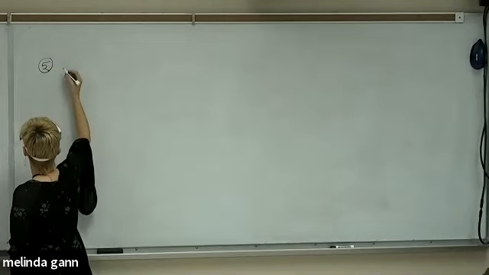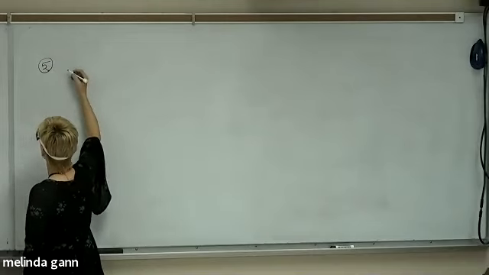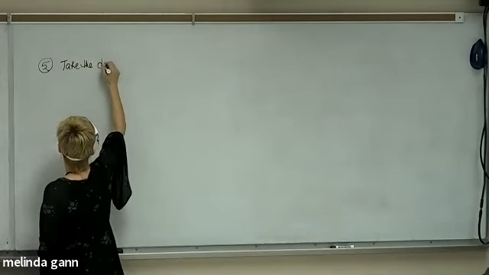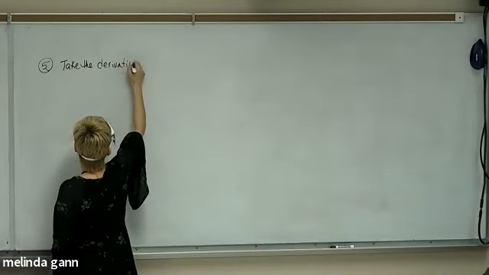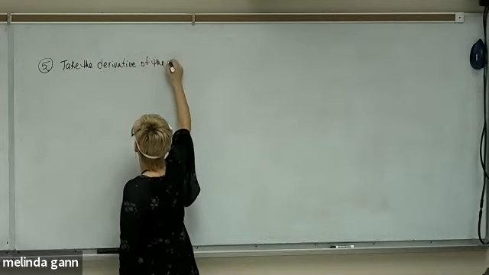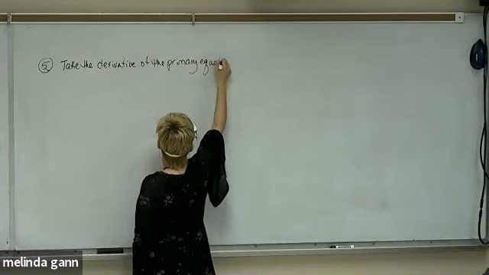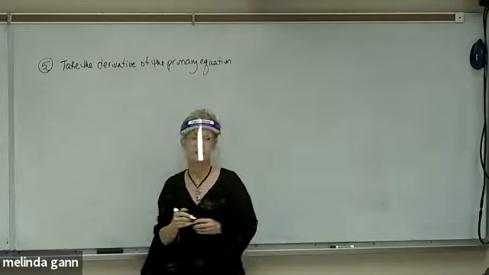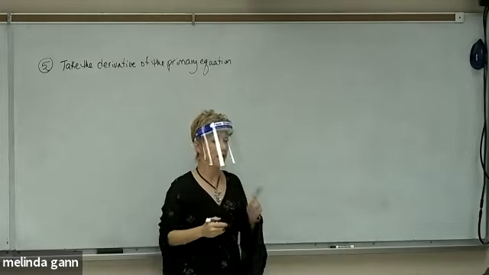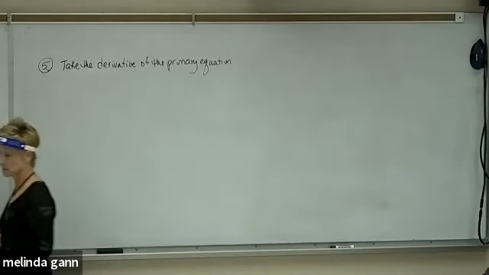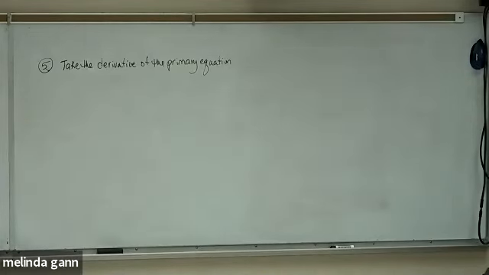Now, once that primary equation has one independent variable, you're going to take the derivative. Now, where do maxes and minimums occur?